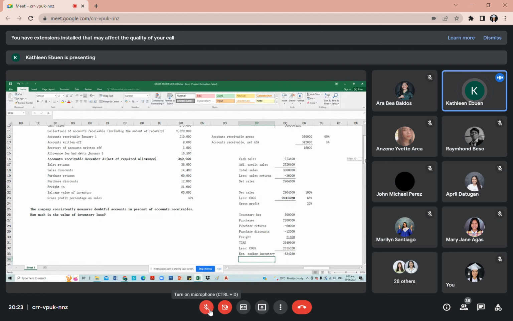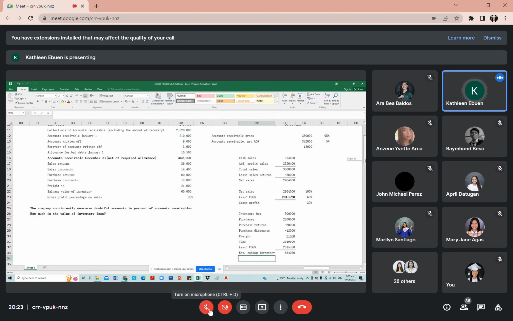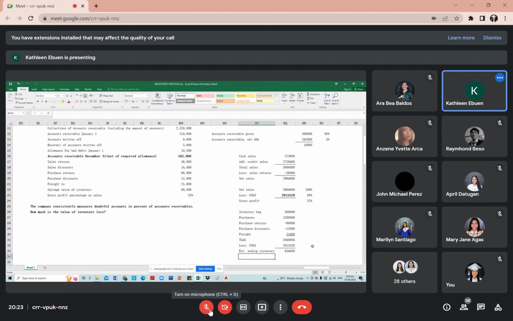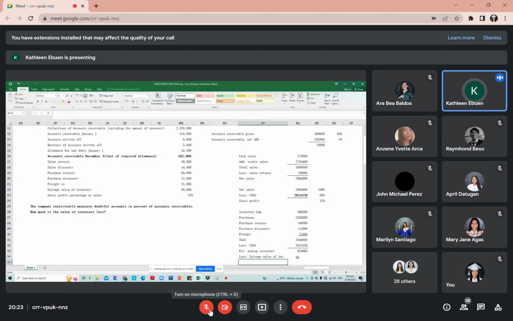Magkano si inventory loss natin? 574,080 po. Okay. Ibabawas po natin si salvage value of inventory. Pag sinabi kasing salvage value of inventory, ito pa yung masasalba natin, class. Ito pa yung pwede nating maibenta.